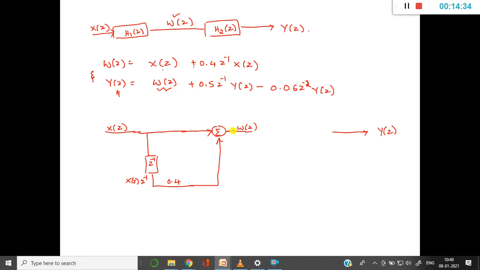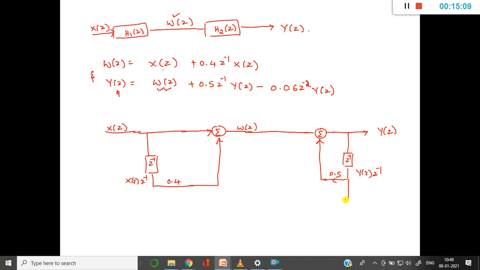W(z) is again making a summation, let me take a summation here, with one unit of delay of z, that is Y(z) z inverse, and its weight is 0.5. So the first term is done: W(z) plus 0.5 z inverse into Y(z).